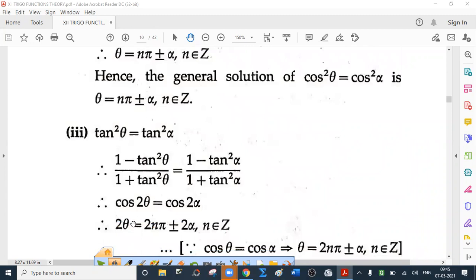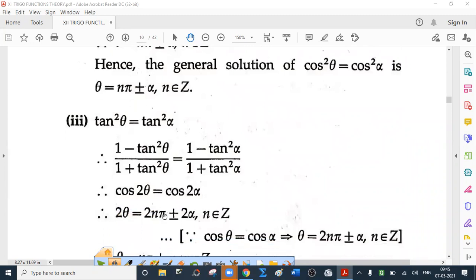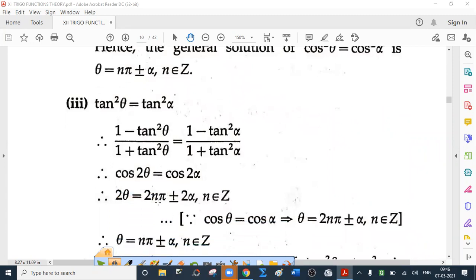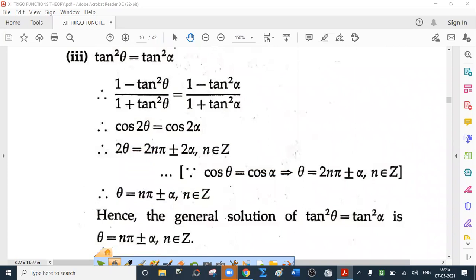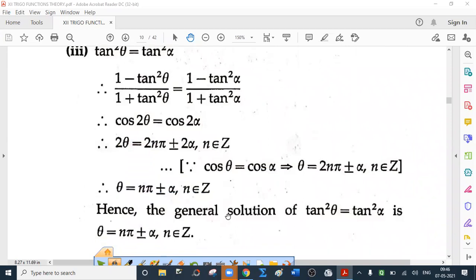Same thing again. 2 theta is 2 n pi plus minus 2 alpha, n is an integer. Divide by 2 to get theta equal to n pi plus minus alpha, n is an integer. Hence, the general solution of tan square theta equal to tan square alpha is theta equal to n pi plus minus alpha, n is an integer.